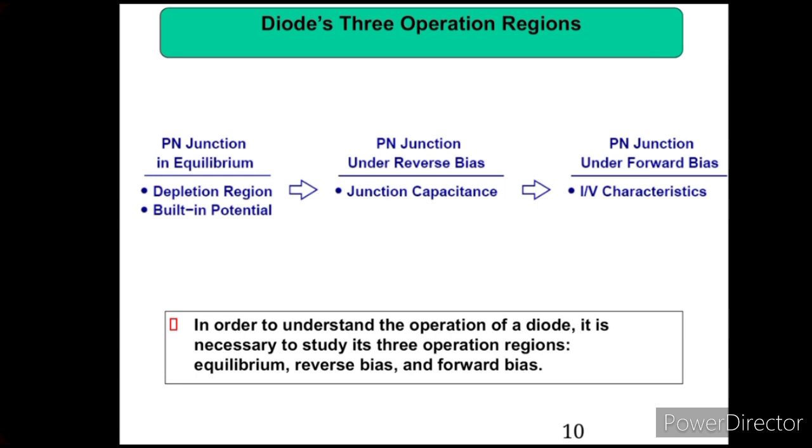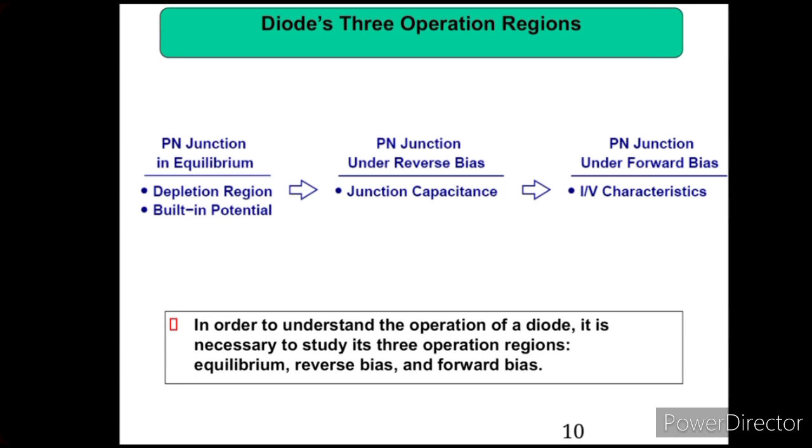Next, the diode has 3 operation regions. One is when p-type material and n-type material are connected to each other. At that time, the majority carriers in the n-type semiconductor material are attracted to the other ions or carriers. So electrons attract the holes and holes attract the electrons, changing the carriers from p-type to n-type and n-type to p-type.